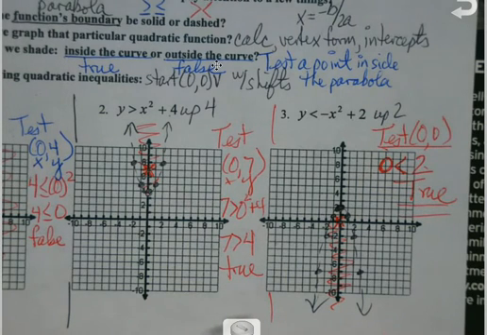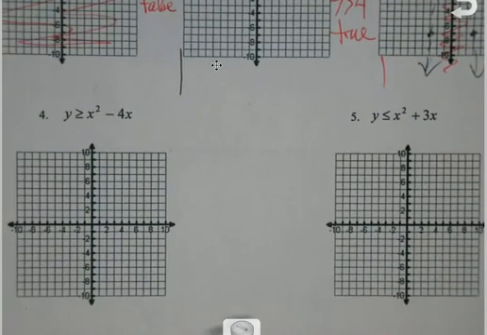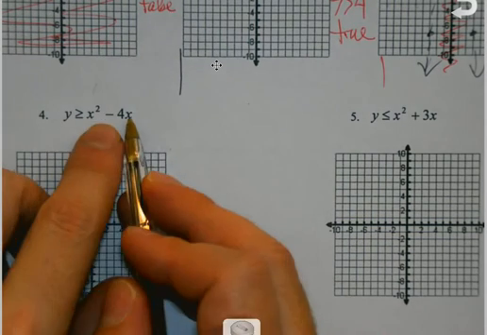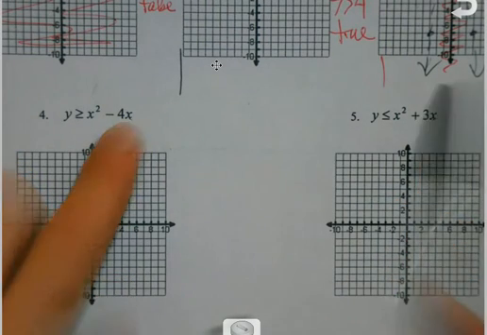Are they always going to look just that way, though? No. We've seen how many different ways these can look, so we have to have more tools available. So when I go to numbers 4 and 5, the way I'm going to tackle this is going to change a little bit. Because you'll notice now there's an x with my number, so I can't just say this is down 4 or up 3.